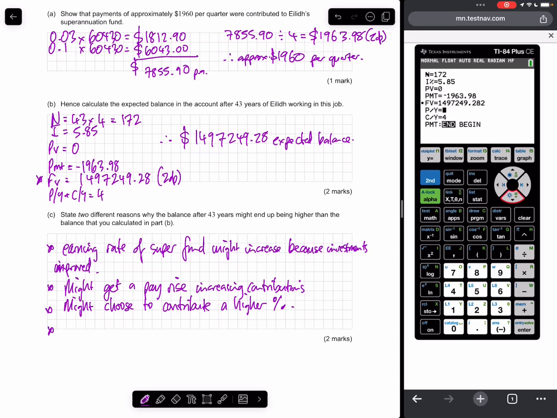What else is there? The required super rate might also increase.